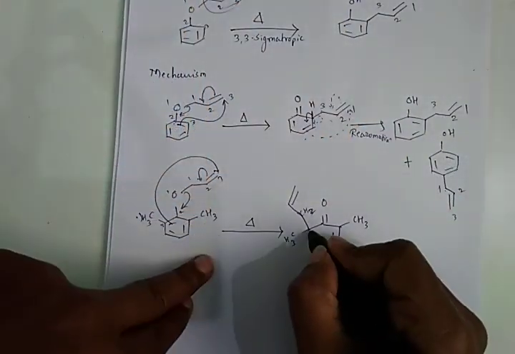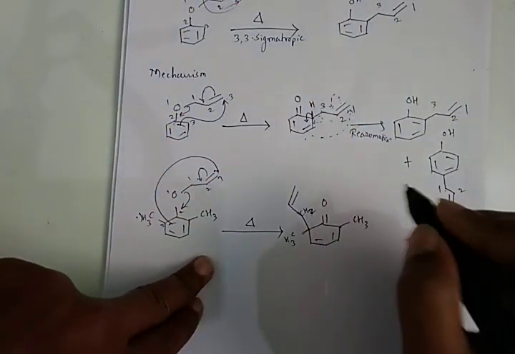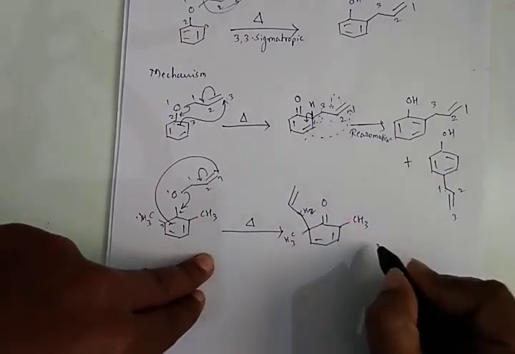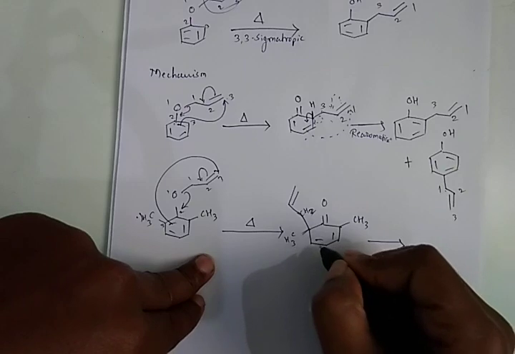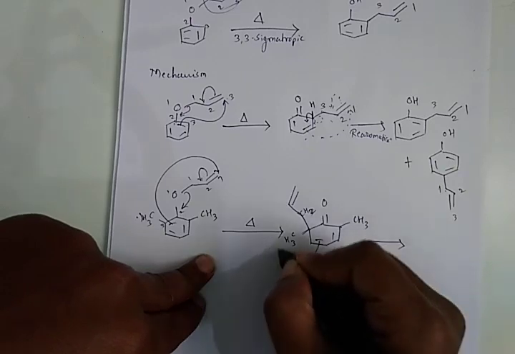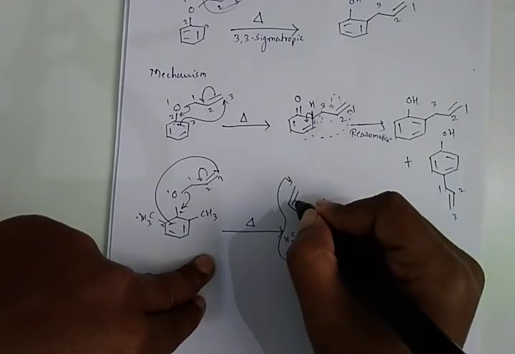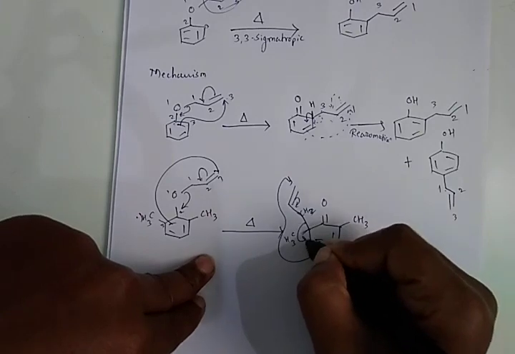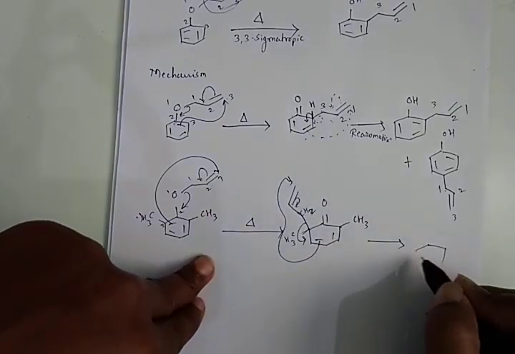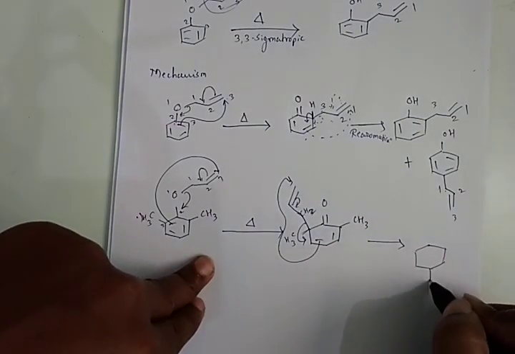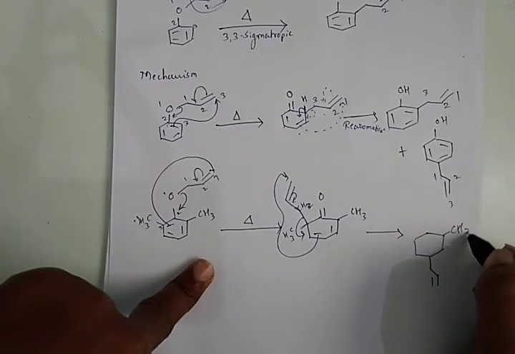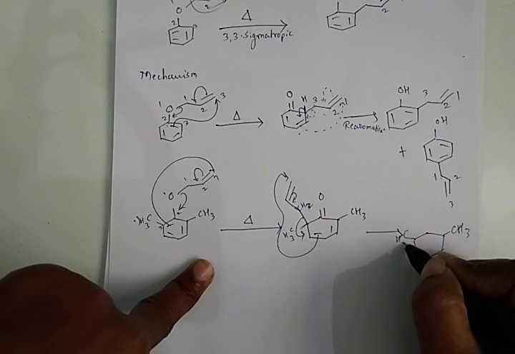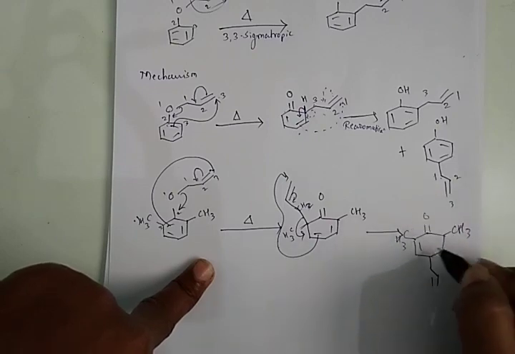In this case, you don't have any hydrogen. So as we see in the para case, the second step rearrangement is occurring here, and you will be getting a para product as a stable product. So it's again O double bond double bond.